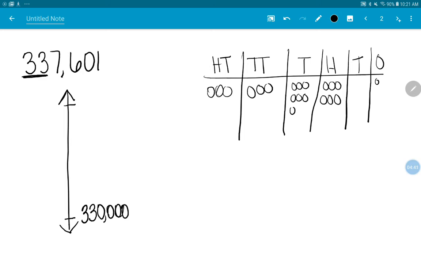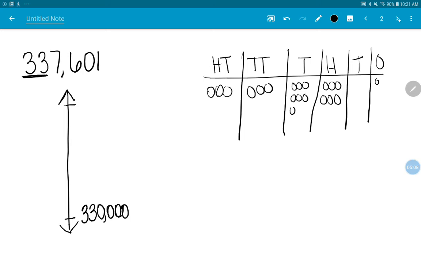Ansley, what are you thinking? Wouldn't it be 37,000? 10,000s. No, like 3 is in the tens place, and the 7 is in the thousands. So is 10,000s or thousands the bigger place value? 10,000 is the largest place value. So can I make 7,000s into 10,000s?